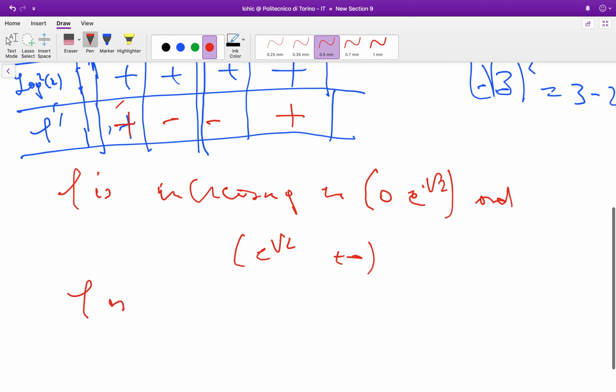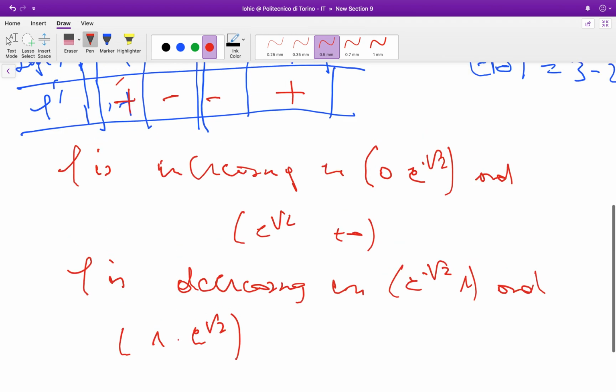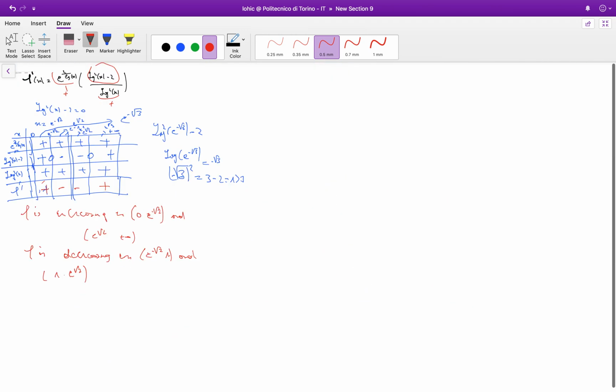And f is decreasing in exponential of minus root 2 to 1, and 1 to exponential of root 2. Okay? Is there any doubt?